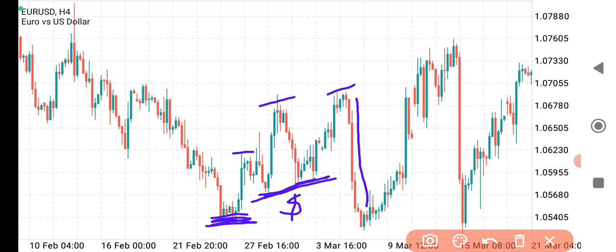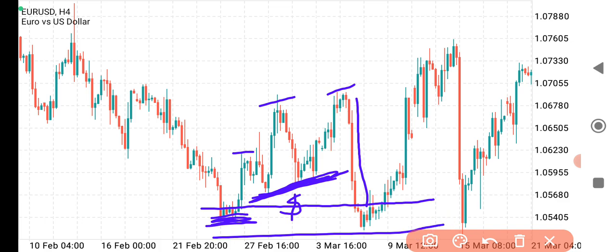It takes away the liquidity, the stop losses of the people around this region, took them out, and then came into this zone. It moved down into this zone, and then moved to the upside. So look at what happened. It takes away this liquidity here.